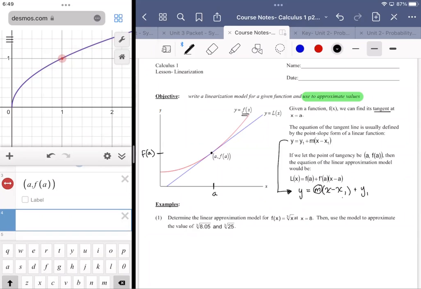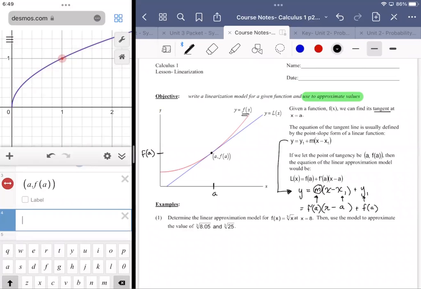I would have these two ingredients here. This would be a, this would be f of a, with m being the derivative at that point. The derivative of the function f of x at a would be f prime of a.